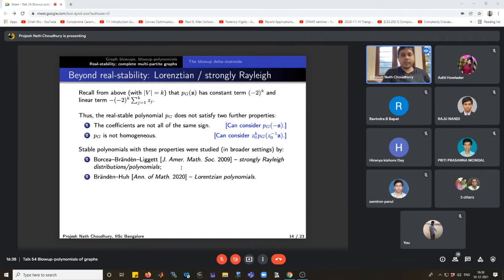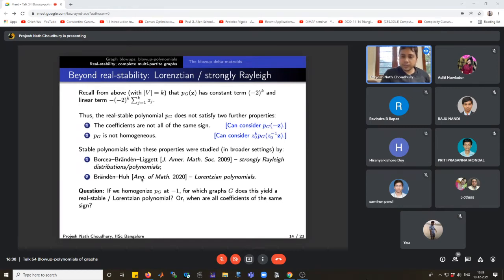And homogeneous stable polynomials were broadly studied as Lorentzian polynomials by Brändén and Huh very recently. So now the question is, if we homogenize p_G at -1, for which graph G does this polynomial lie in this class or this class?